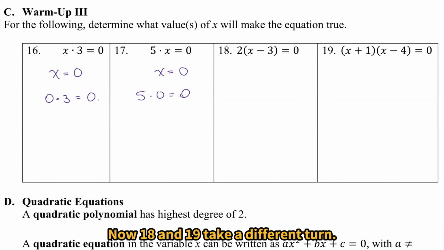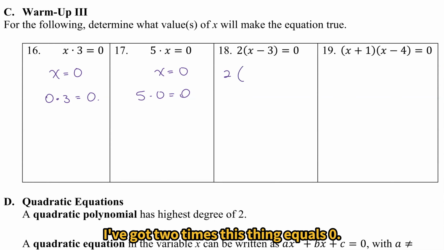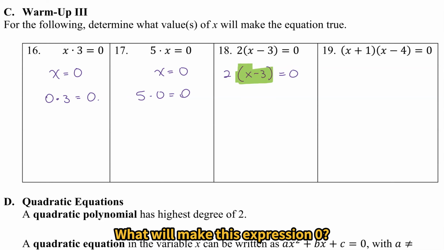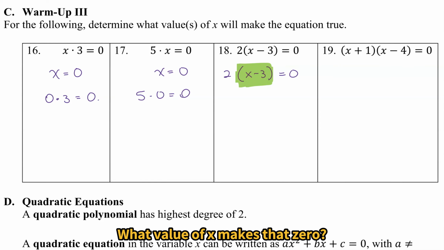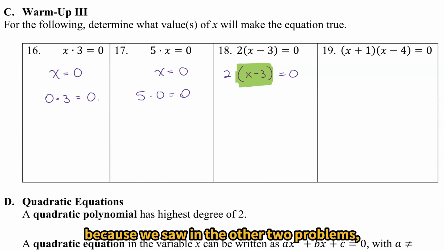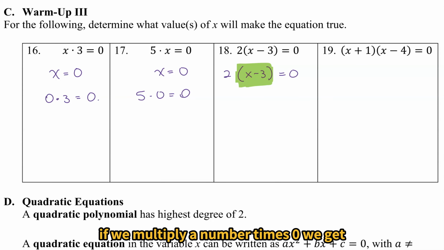Now 18 and 19 take a different turn. I've got 2 times this thing equals 0. What will make this expression 0? What value of x makes that 0? Because we saw in the other 2 problems, if we multiply a number times 0, we get 0.